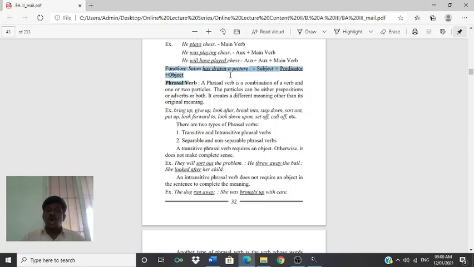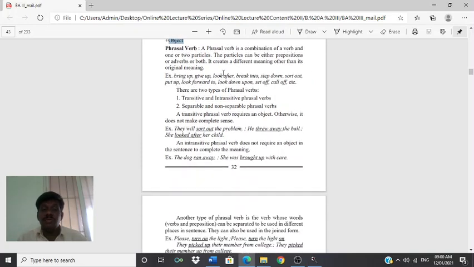Salim has drawn a picture. Subject plus predicator plus object. Salim is a subject, has drawn is a predicator, and a picture is an object. So has drawn functions as a predicator in the sentence.